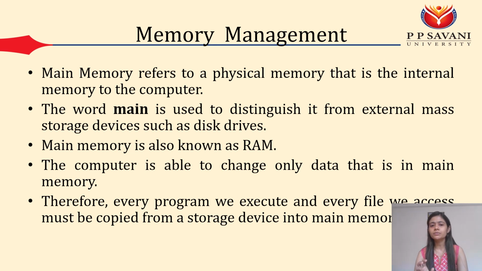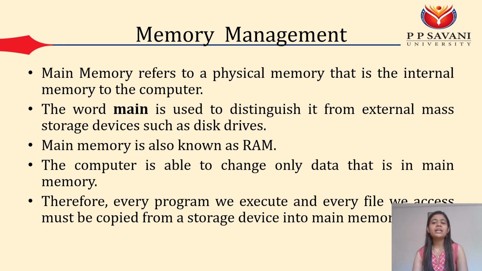The word main is used to distinguish it from external mass storage devices such as a disk drive. Main memory is also known as RAM, that is, random access memory.